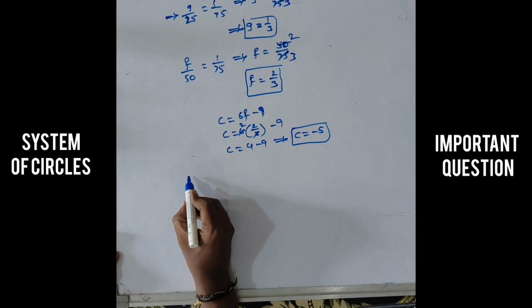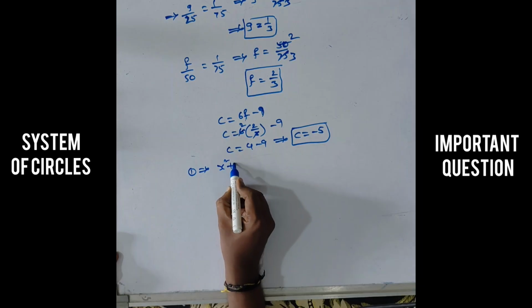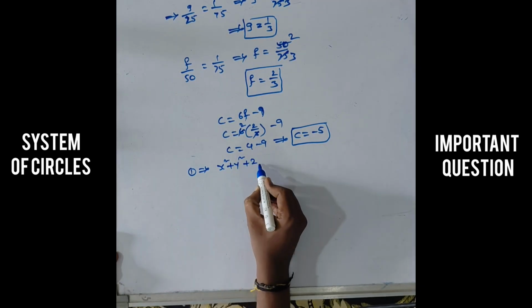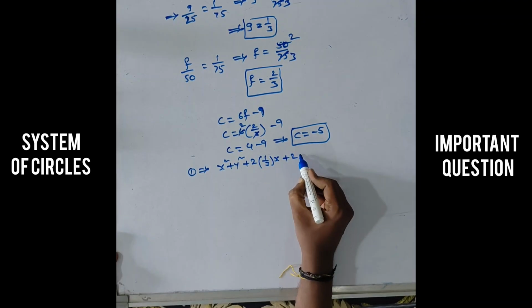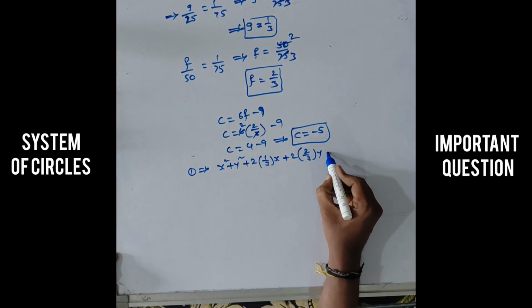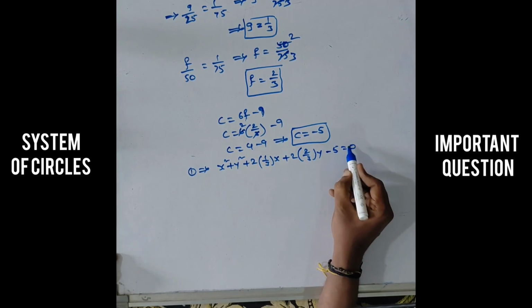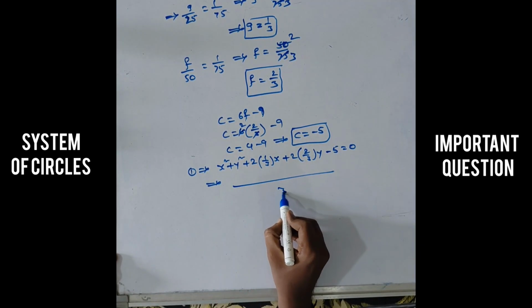Substitute in equation number 1: x² + y² + 2(1/3)x + 2(2/3)y - 5 = 0. Here the LCM is 3.